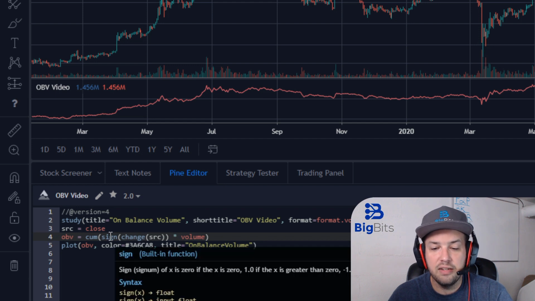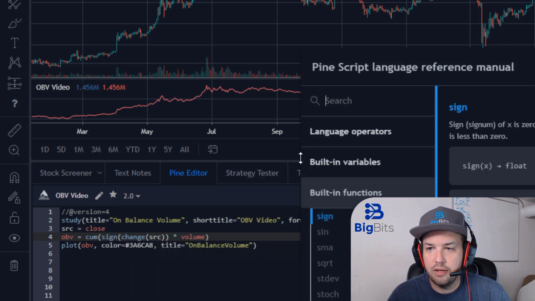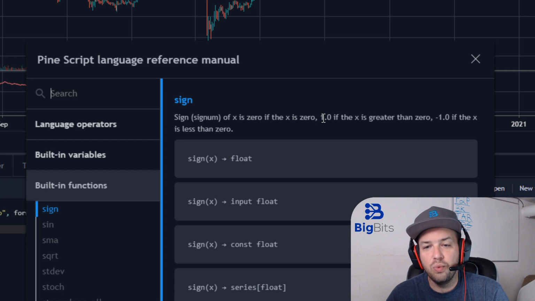Now, I know you might be having a hard time seeing this right now, so let me see if I can pull up the reference manual. If your change was positive, the sign function returns 1. We multiply the volume times 1, so it returns a positive value, and we add that on to the previous value. But if it was a negative change, it returns -1.